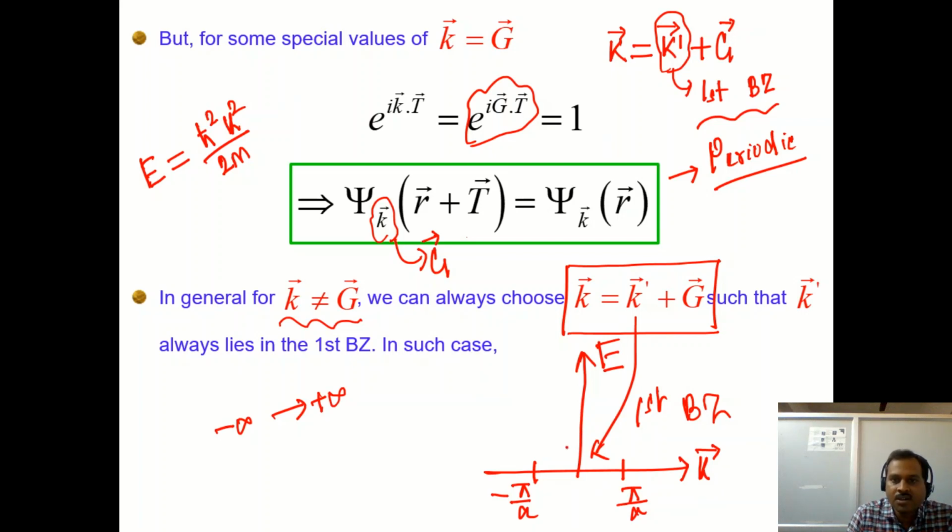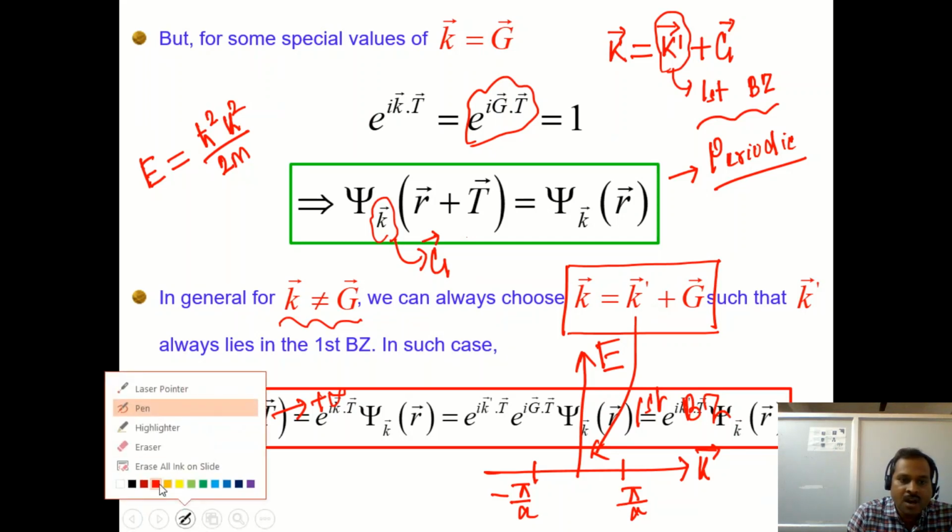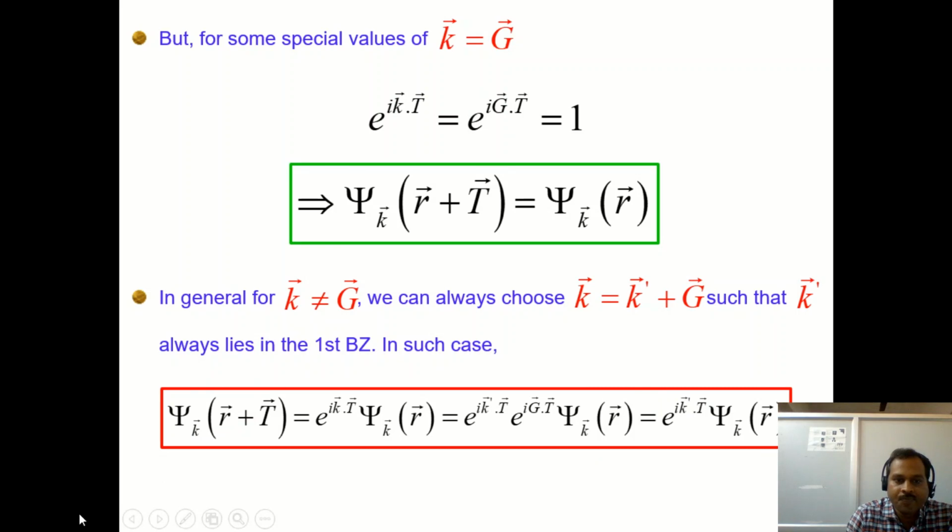In today's lecture, what we will do is have brief information about the Brillouin zone, and then we will take some example to show that the k prime vector can always lie in the first Brillouin zone. So now let us discuss briefly about the first Brillouin zone, and then we'll come back to this topic.